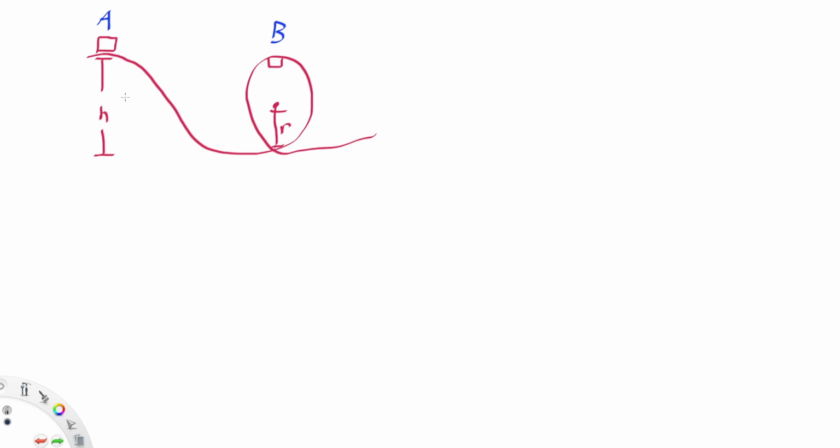All right. So we have two situations: top of the hill, top of the loop. And we want to combine an energy analysis and a force analysis. So we'll do the force analysis first because it basically is question 10 from the exam.